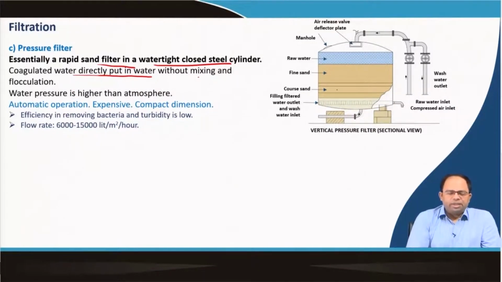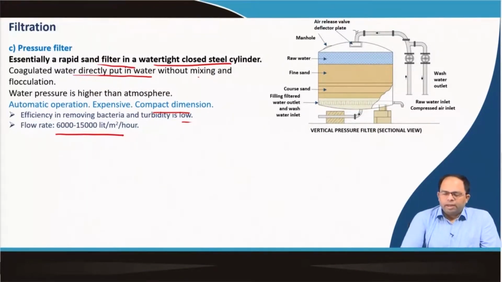We create pressure by putting the water at a higher pressure. And this is automatic operation, relatively expensive, and we use compact chambers. So, it is compact dimensions, and efficiency in removing bacteria and turbidity is lower compared to the other filters, but flow rate is much higher, like 6000 to 15,000 liters per meter square per hour.